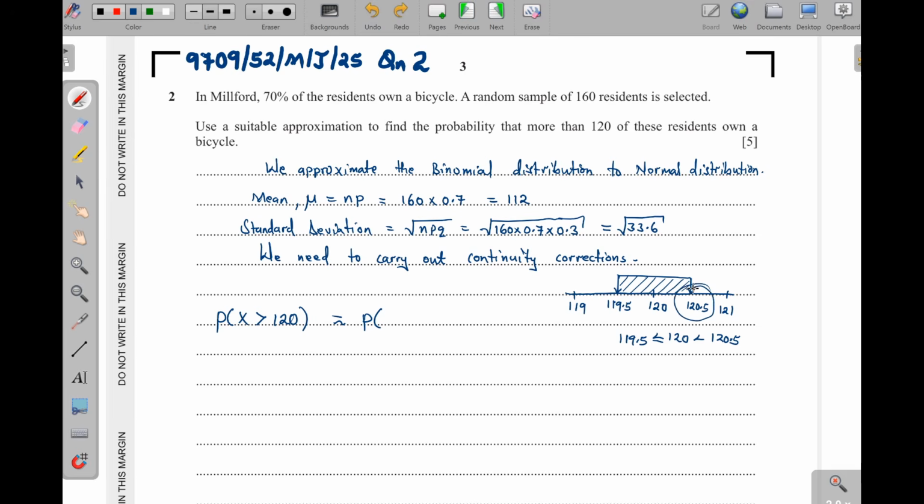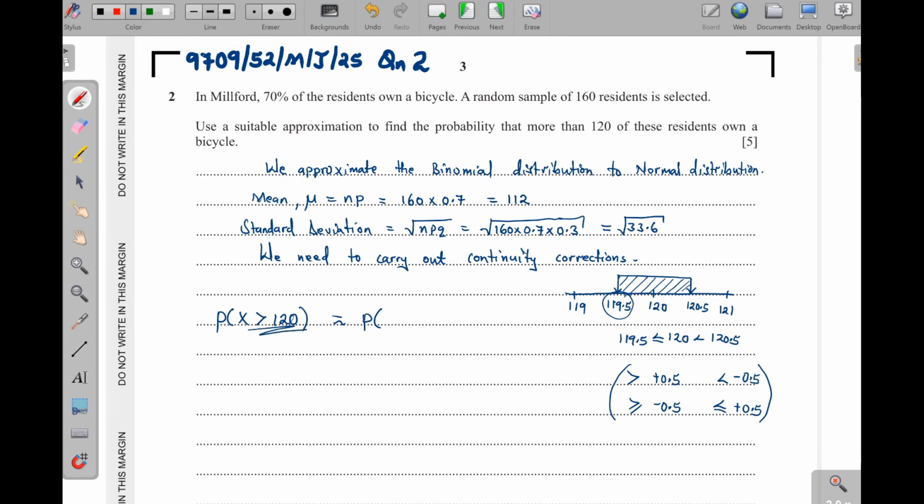It has to be automatically this one. When you round this one off, it will give you 120. But this one will give you more than 120. So that's why I've always said that if they give you greater than, you add 0.5. If they give you less than, then you subtract 0.5. If they give you greater than or equal, when they say like at least, something like that, then you subtract 0.5, and for less than or equal, you instead add 0.5. If you keep this, it will help you.